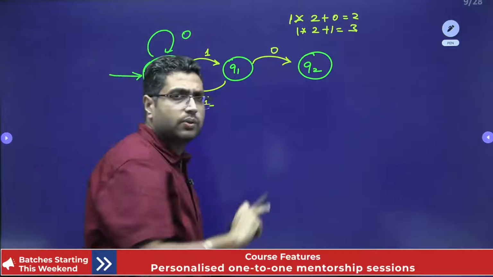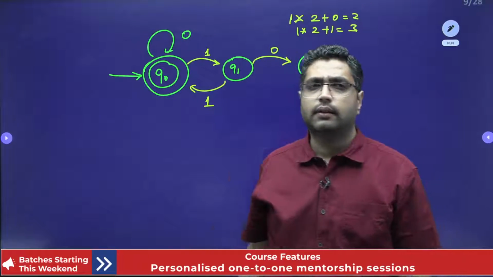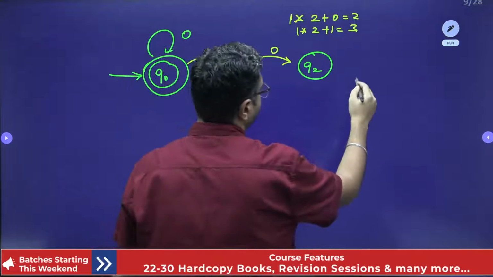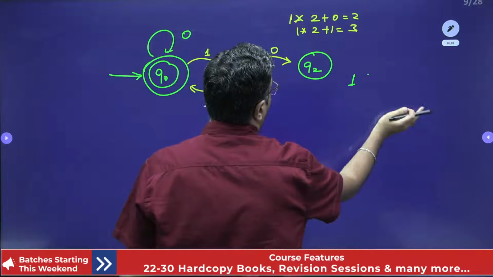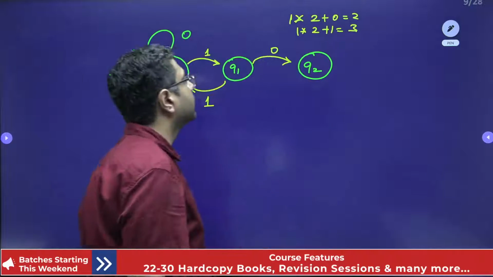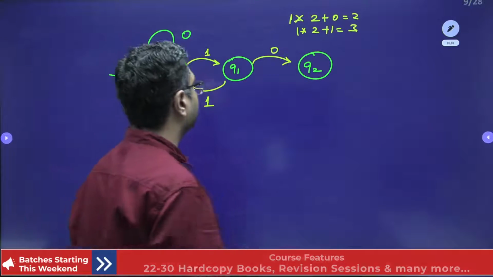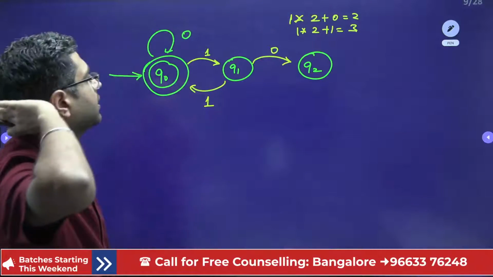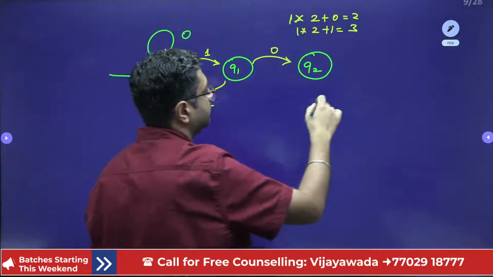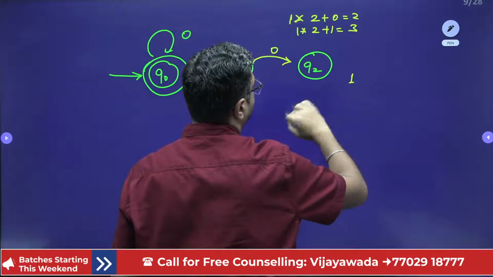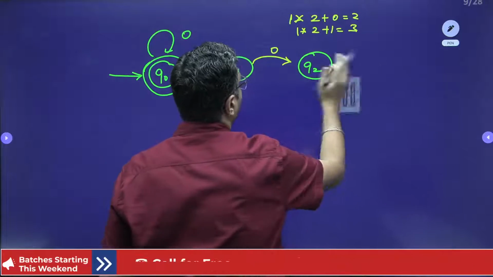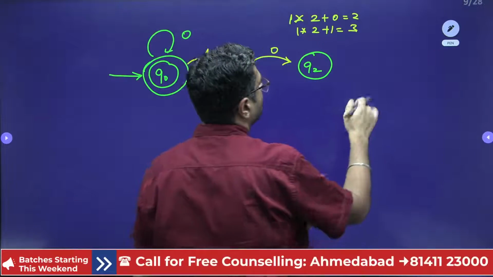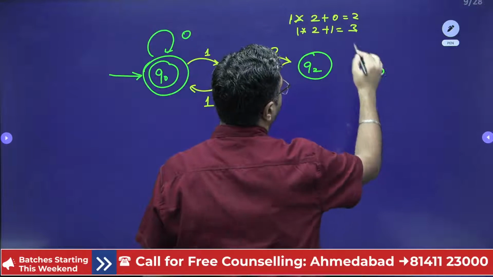So this is how you are using the approach here. Now Q0 is there, Q1 is there, Q2 is there, everything is with you. You are at Q2, you have got 1 0. What if you get another 0? You already know 1 0 is nothing but 2.